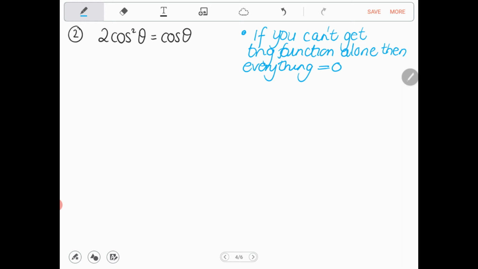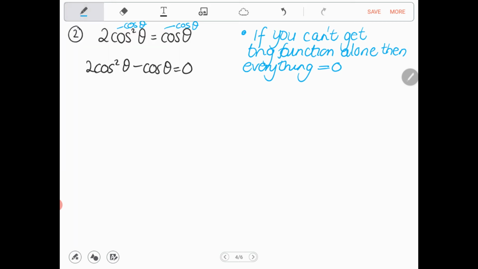So I'm going to have to move this cos theta to the left-hand side, and I'm going to have 2 cos squared theta minus cos theta is equal to 0.